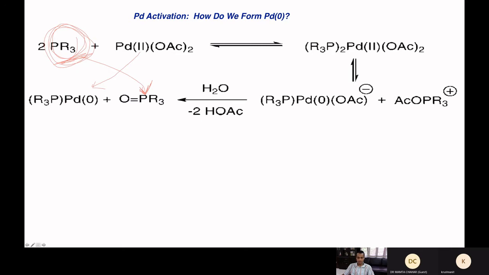This is the process by which the palladium 0 ligand complex as well as phosphine oxide are generated. So this reaction is happening all the time. Under the reaction condition, this reaction must happen. So the palladium 0 phosphine compound is always forming under the reaction condition.